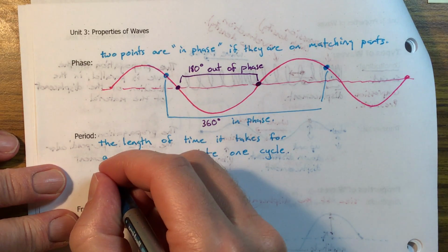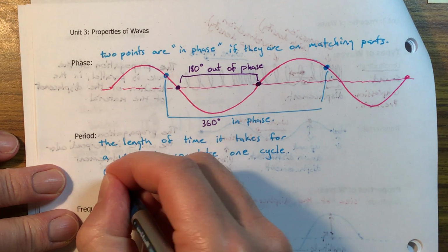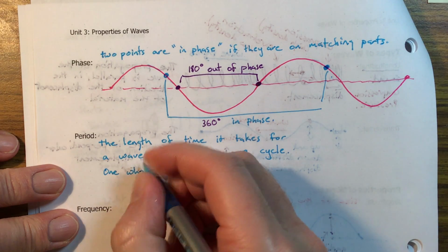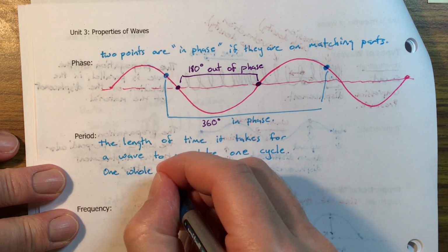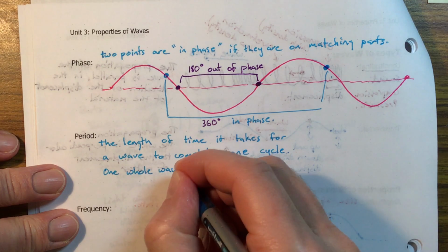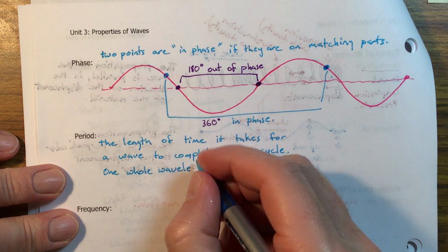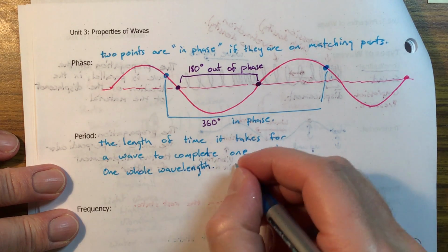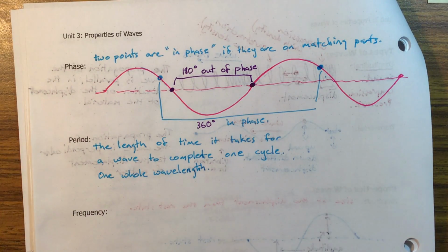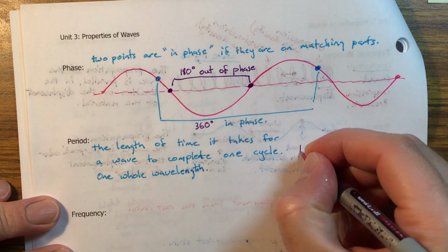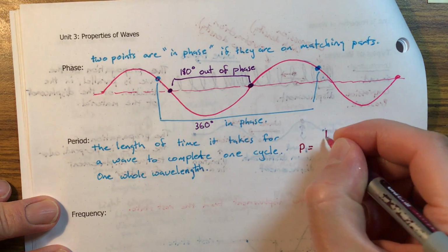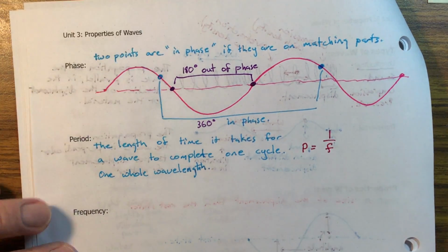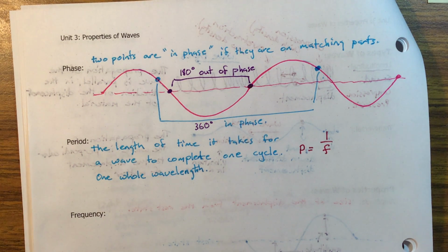So one whole wavelength. And we've got a little formula for this, but it's not on your formula sheet. The period is equal to 1 over the frequency. It's inversely proportional to the frequency. You'll find that in your textbook when you do your textbook readings.